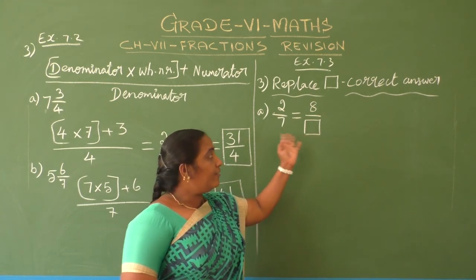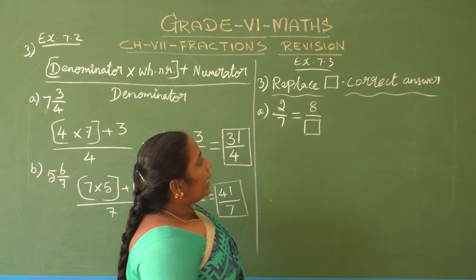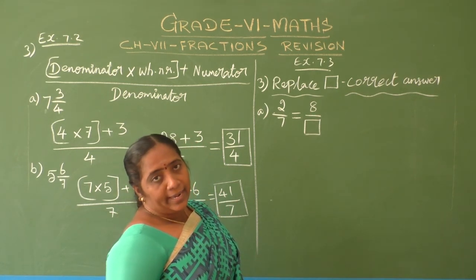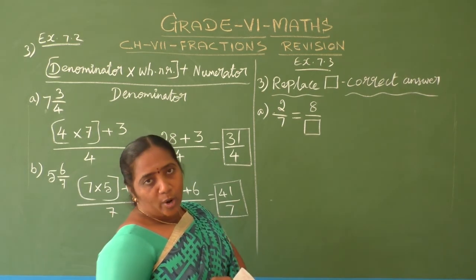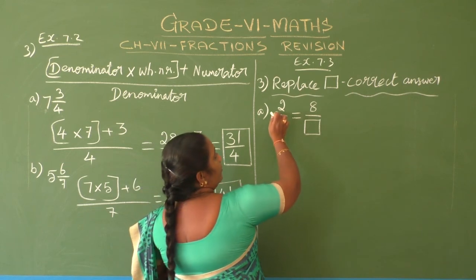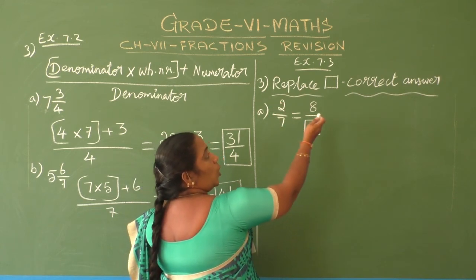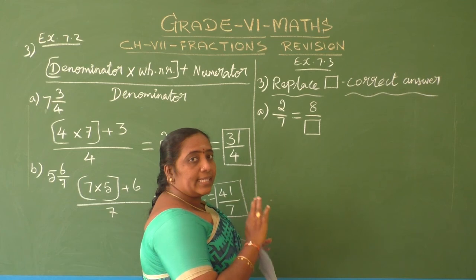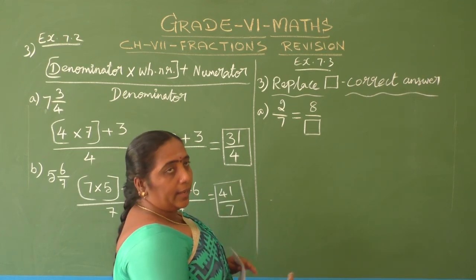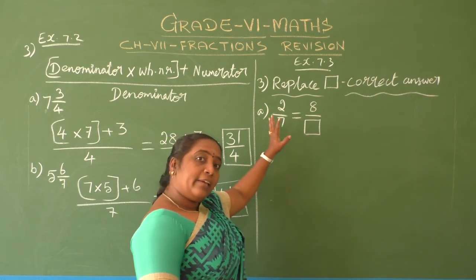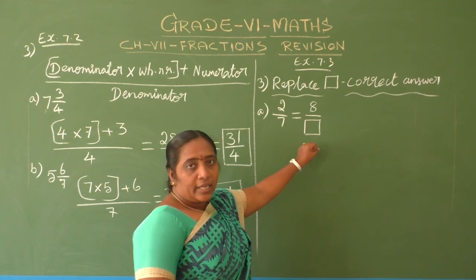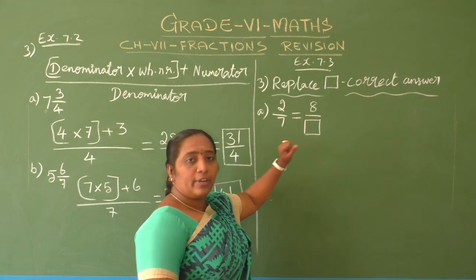Equivalent fraction means we have to multiply or divide the numerator and denominator by the same number. Okay, whenever your left side fraction is smaller than the right side fraction, it means they multiplied. It's a multiplication equivalent fraction. But if on the left side they give the bigger number and on the right side the smaller number, it means it's a division equivalent fraction.